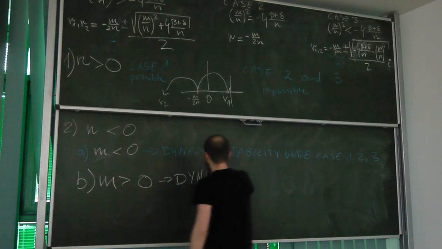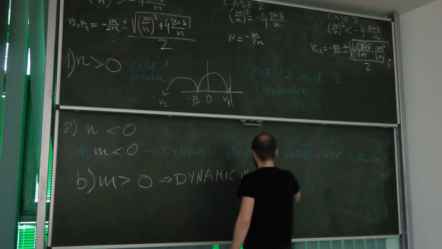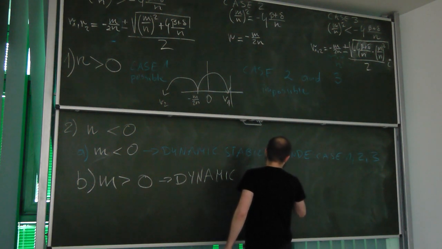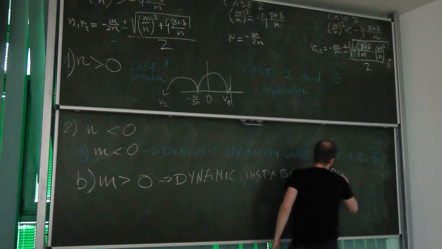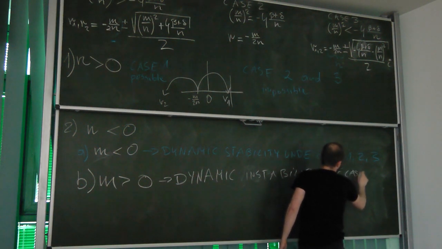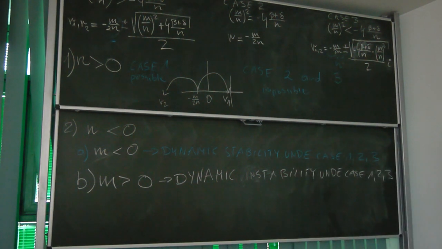So we have dynamic instability under case 1, 2, and 3. And look, what does this imply to us?